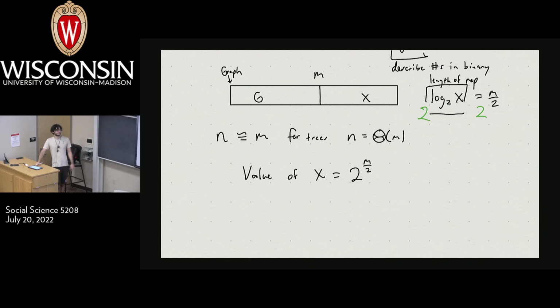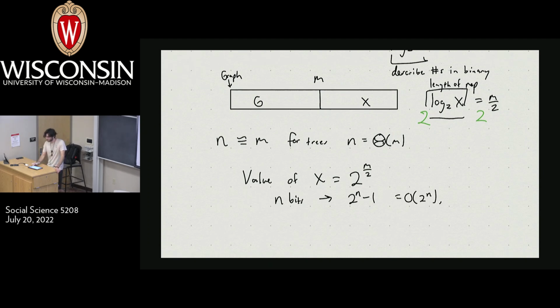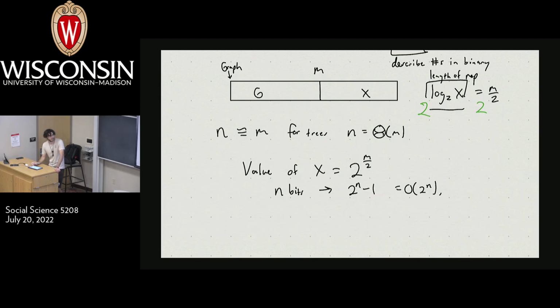Because with n bits, you can describe a number of size 2 to the n. So Ford-Fulkerson's algorithm is really exponential time in terms of the length of the input.